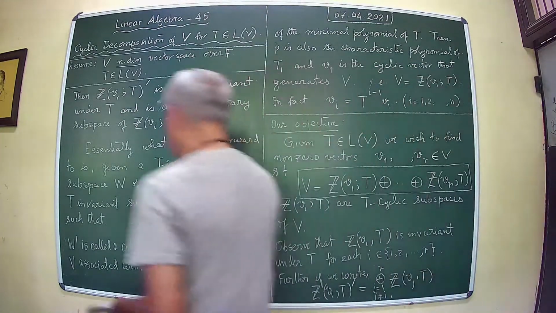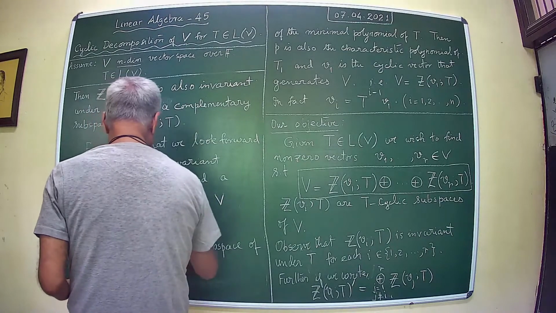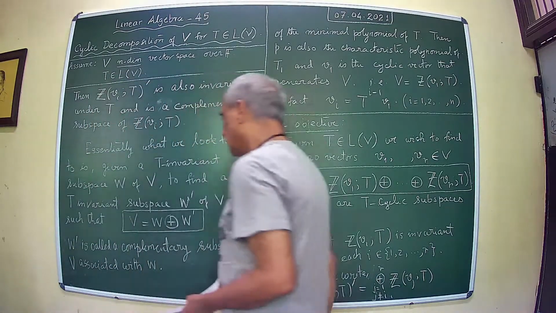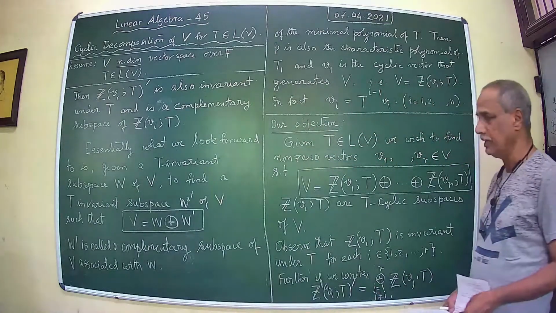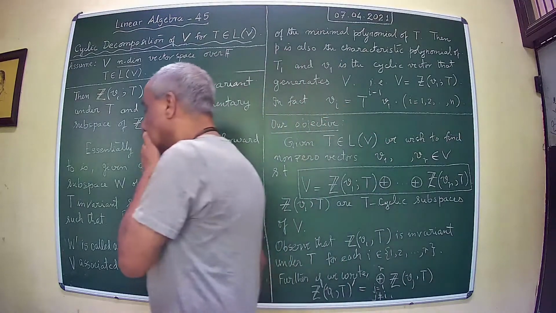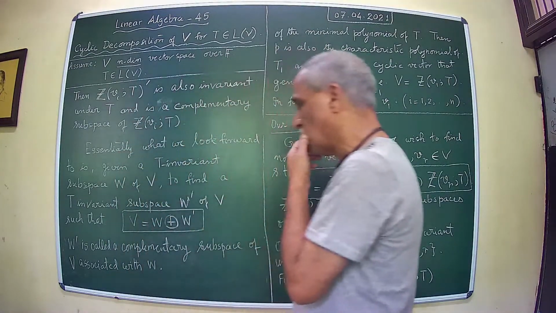So we are trying to find W prime invariant under T, given W invariant under T, such that V is equal to W plus W prime.